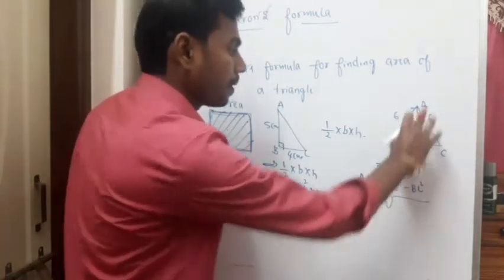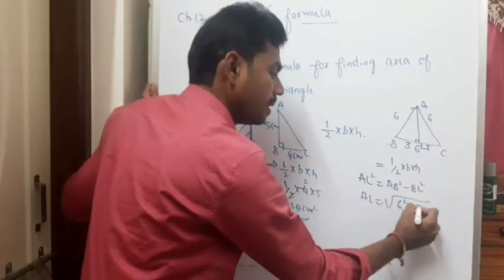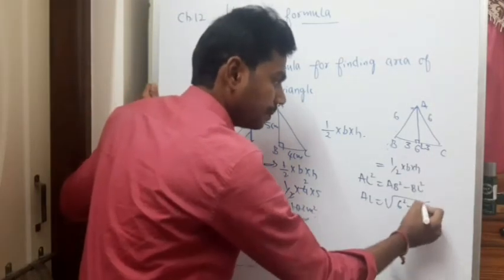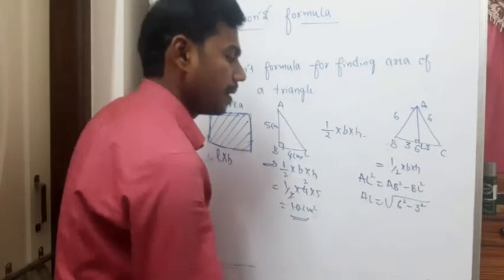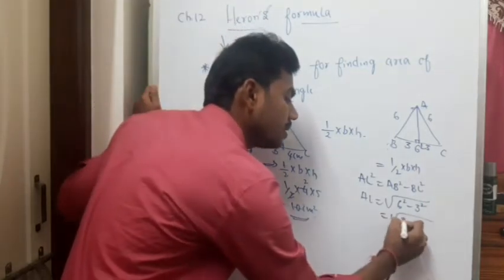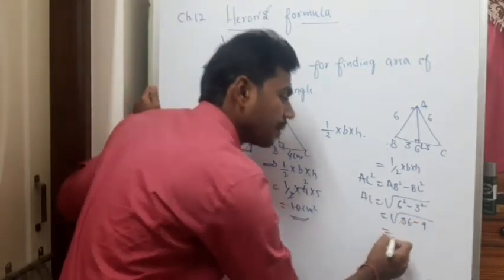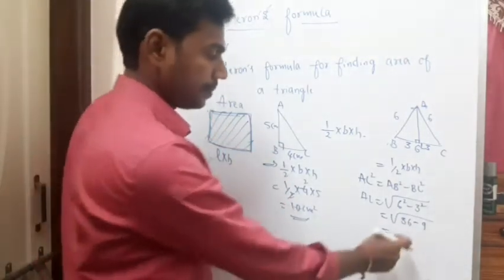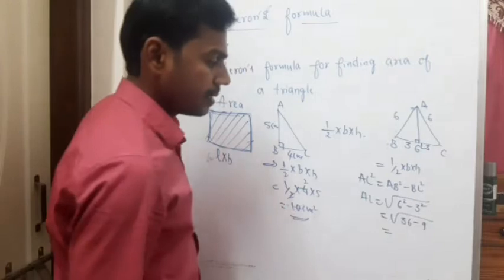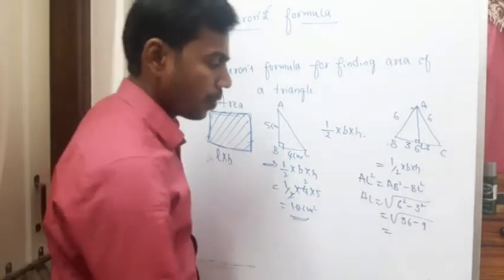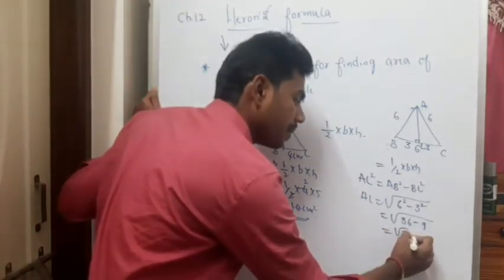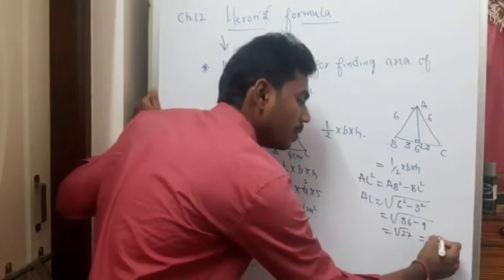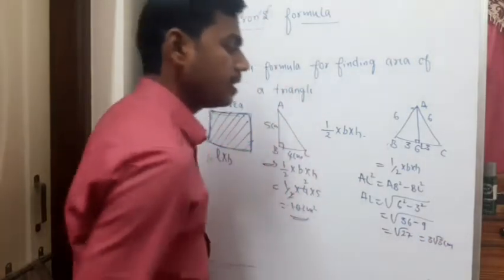AB is 6 and BL is 3, so 36 minus 9, which is 27. Root of 27 can be 3 root 3 centimeter. Height is 3 root 3 centimeter.